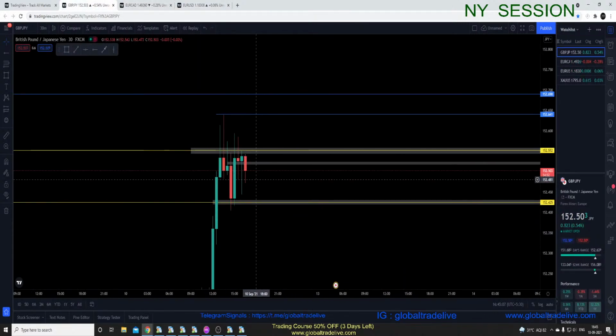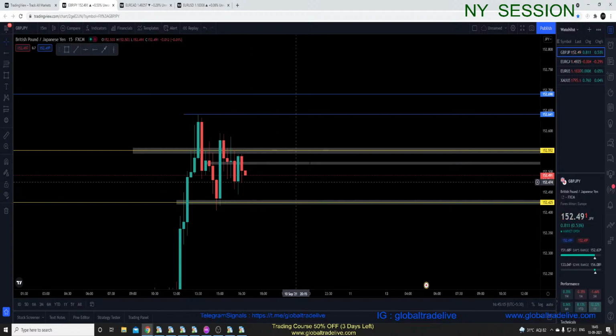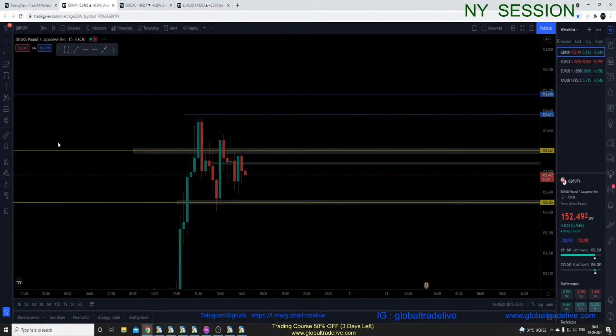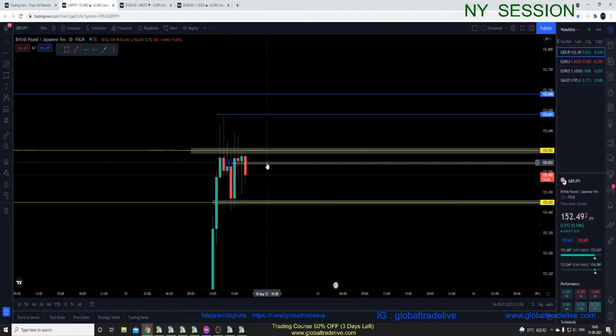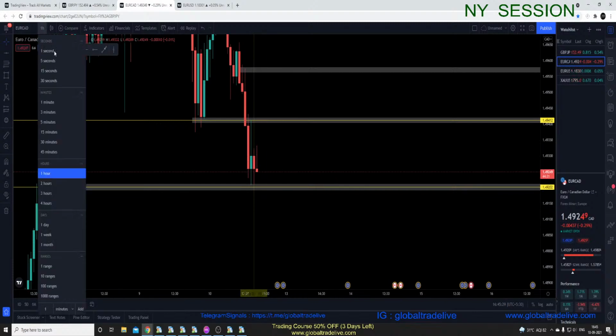GBP JPY is also trying to reject this area. Maybe in 15 minutes it will be rejecting this area. Yeah, EuroCAD is coming down.